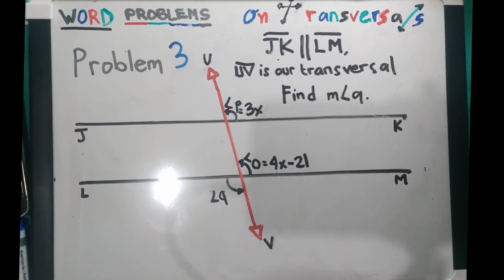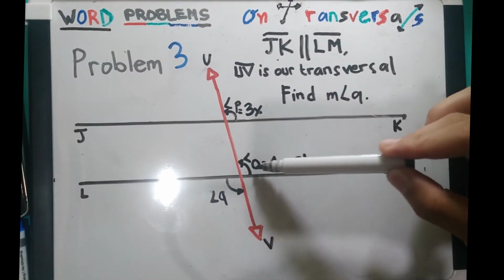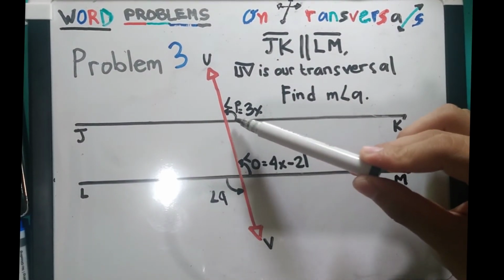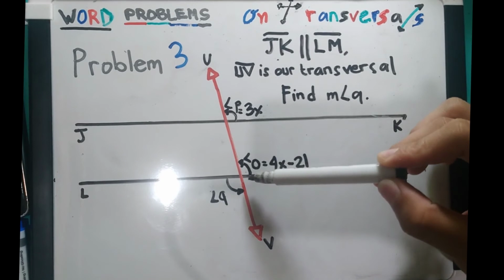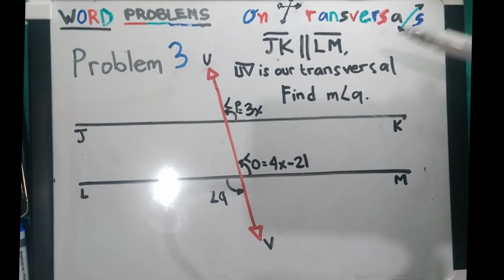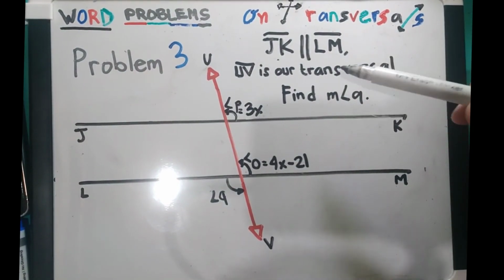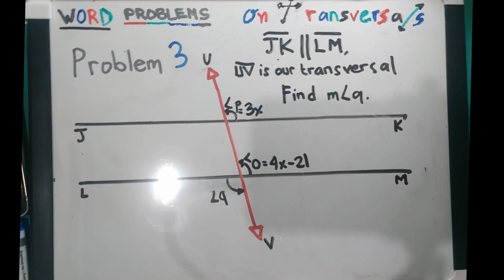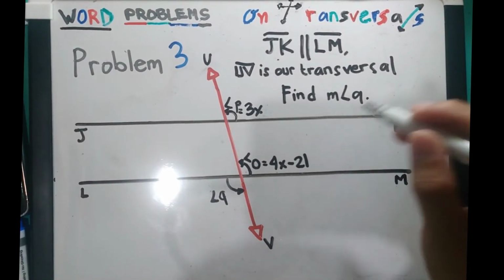What are the corresponding angles in this problem? We have the two angles, angle P and angle O. They are corresponding to each other. Corresponding angles have equal measure, or they are equal. We are going to equate the two measures of angle.